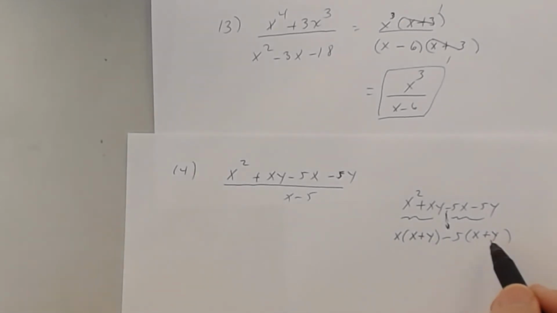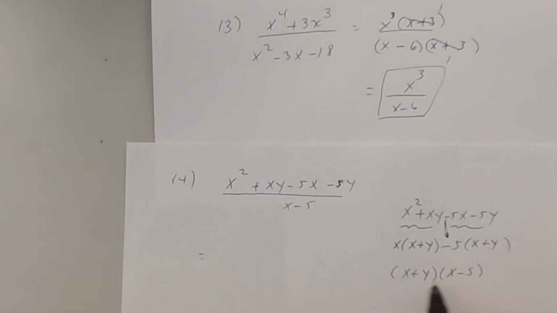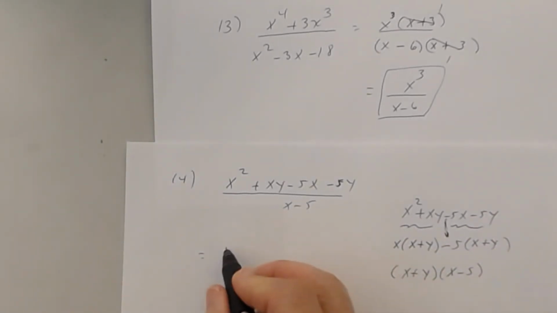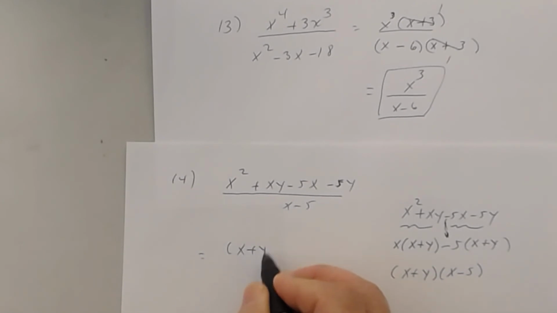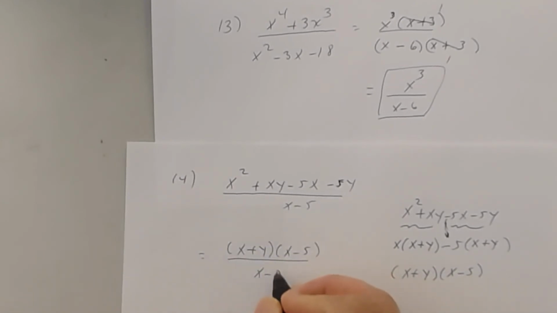And remember, if you do this correctly, both parentheses, those two binomials better be the same. And so you get x plus y times what? X minus 5. So that's your numerator. So I'm going to rewrite the numerator as these two factors: x plus y times x minus 5 divided by x minus 5.